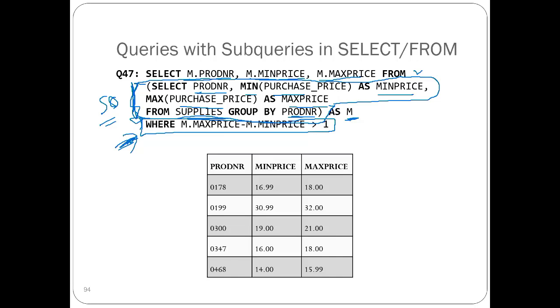Where there is only one entry. You got it. But it is also possible that maybe there are 4 suppliers supplying that item at the same rate. It can happen. But in our query here, we are only interested in listing those product numbers where the difference between the max price and min price is greater than 1. Okay? Wait a second, sorry about that. I'll need to use the eraser here.